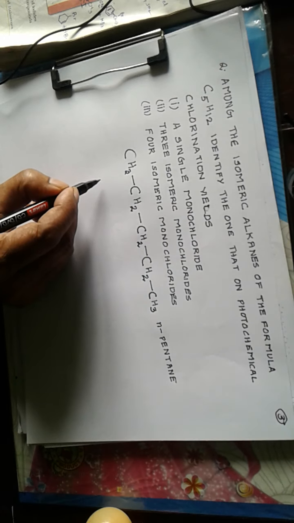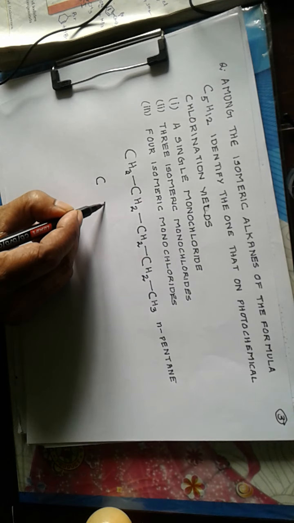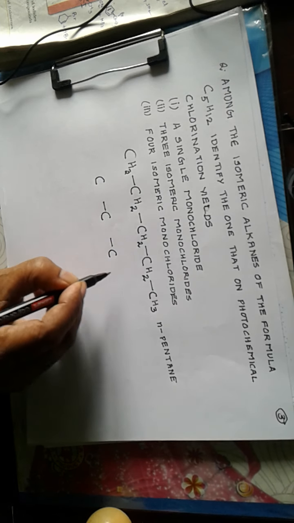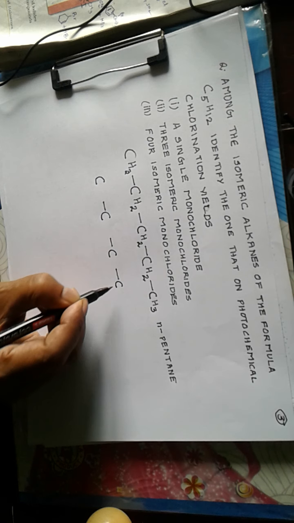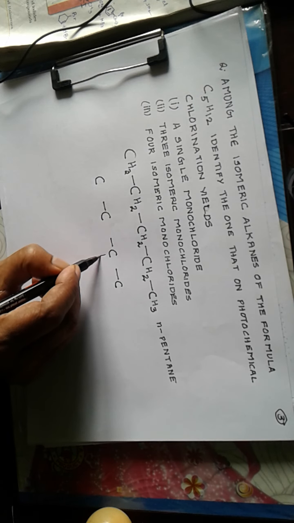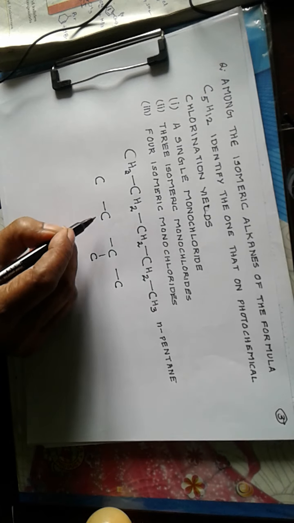Now for the second isomer, you write 4 carbon atoms in a chain. Now there is 1 carbon remaining. If we connect the 5th carbon to the end carbons, these 2 carbons, then we get N-pentane. So you avoid these 2 carbons. Then you can connect the 5th carbon here or here.